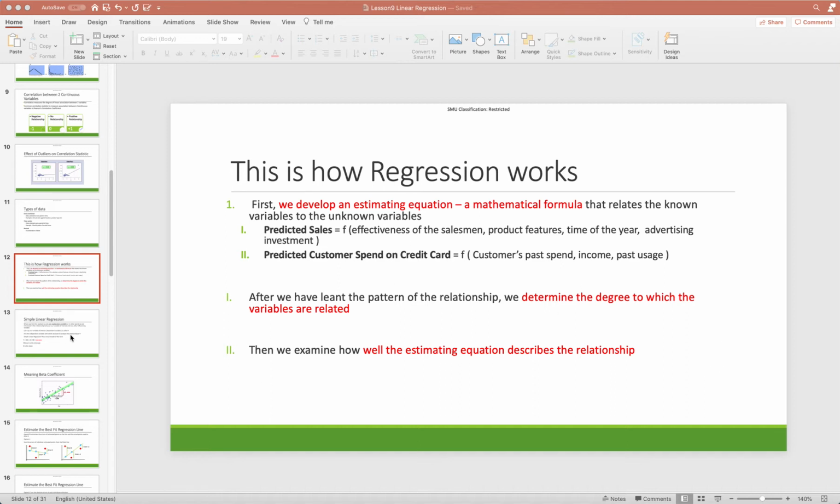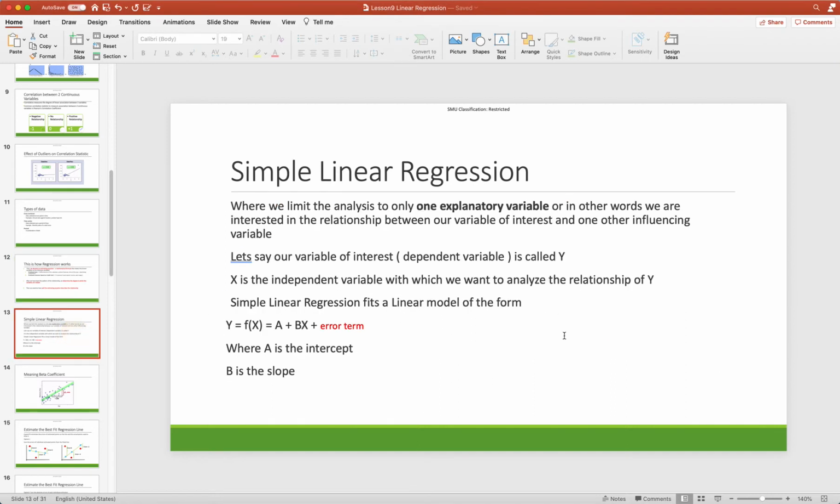Now let's talk about a specific type of regression, which is called simple linear regression. When we say simple linear regression, the word simple is telling you that there is only one explanatory variable. Or in other words, we are only interested in finding out the relationship of y with a single variable of interest, that is x.